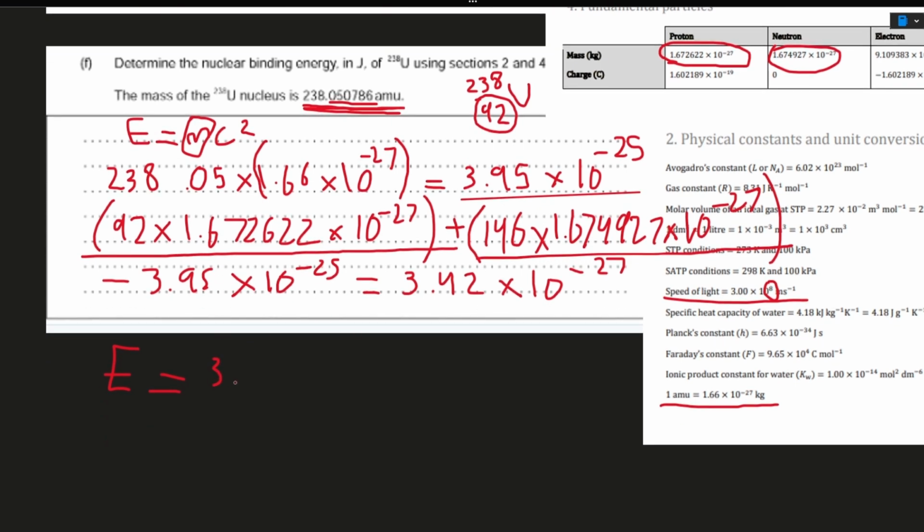So we have 3.42 times 10 to the power of negative 27 multiplied by the speed of light squared.